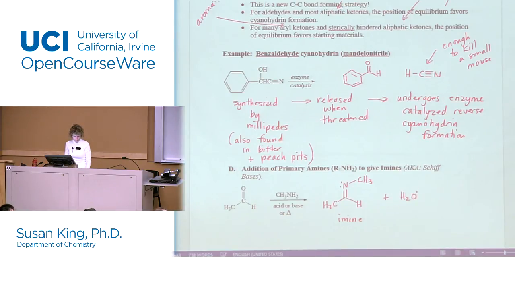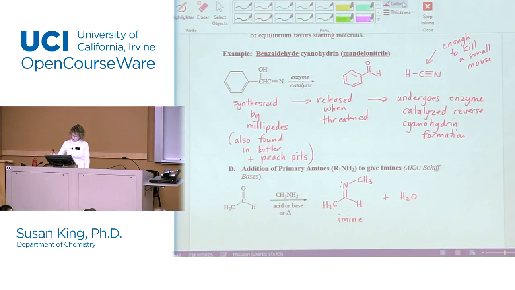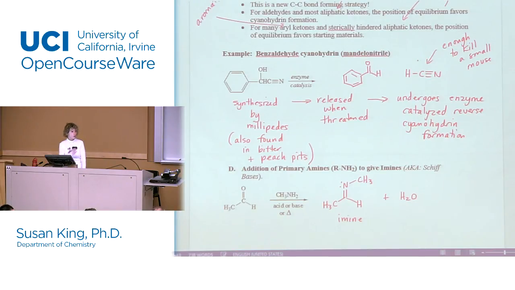Side product here is water, and there's a couple different ways to do this reaction. You remove water like we talked about with an acetal, but sometimes you can precipitate the imine. So the reaction is driven by precipitation, if you can do that, precipitation of the imine, or a removal of water as it's formed.